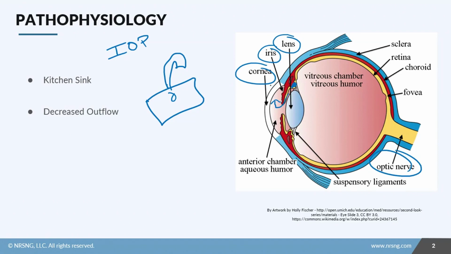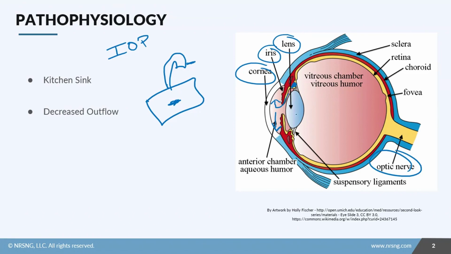Much like a sink, the ciliary bodies produce the fluid like the faucet. Much like the sink, there is a drain. In the eye, the drain is here at the corner of the iris and the cornea. What happens in glaucoma is that the drain becomes clogged, therefore overfilling.